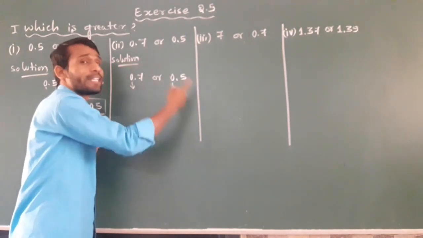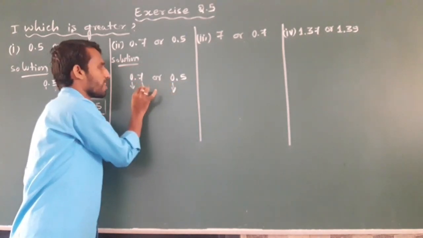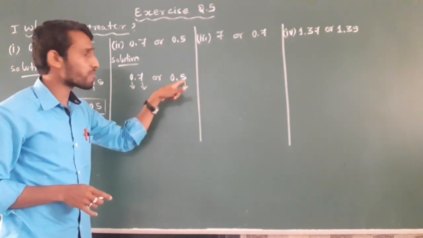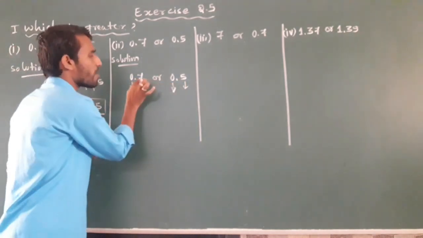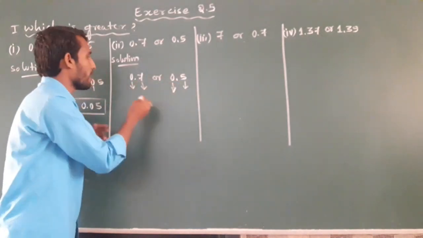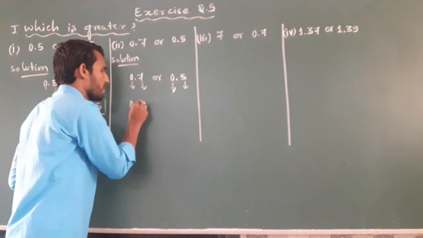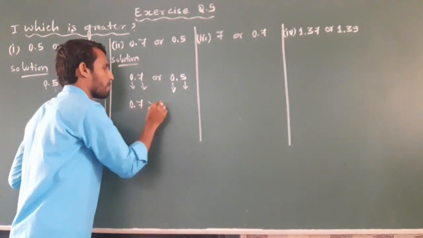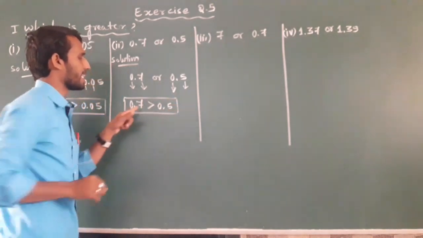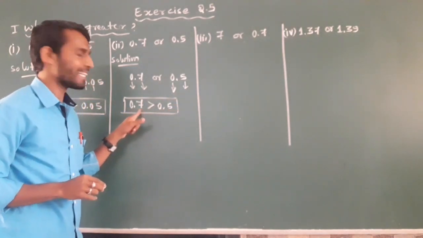Next you move to the tenths place. Here the tenths place is 7, in the second decimal number the tenths place is 5. Now we can say that 7 is the bigger number compared to 5. So 0.7 is greater than 0.5. 0.7 is the greater number.